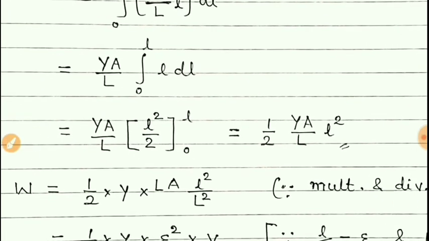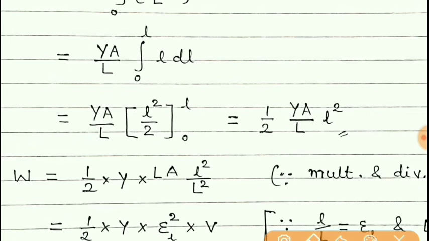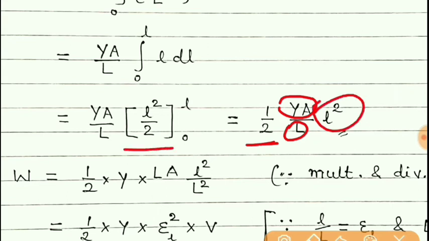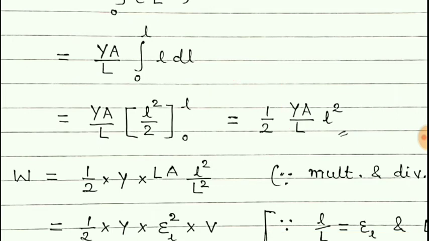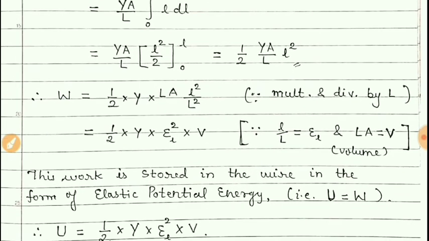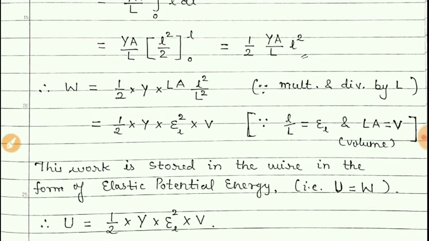And so we will get half of YA upon L into L square. Now this is the work done.